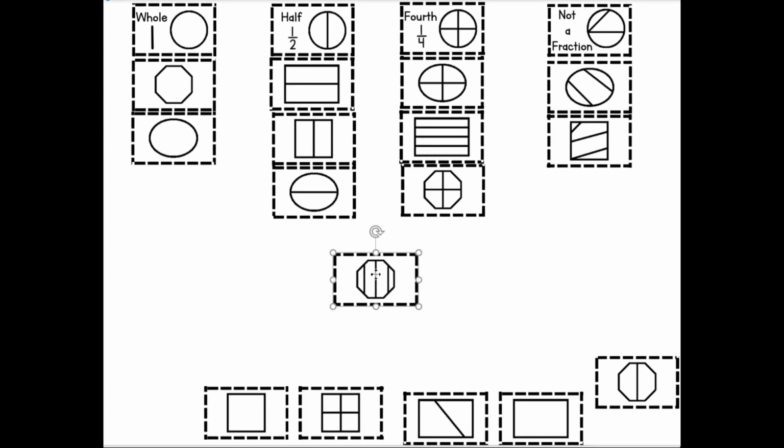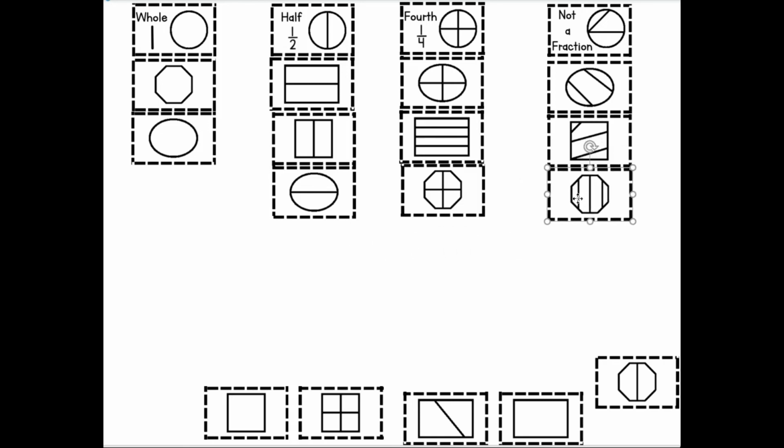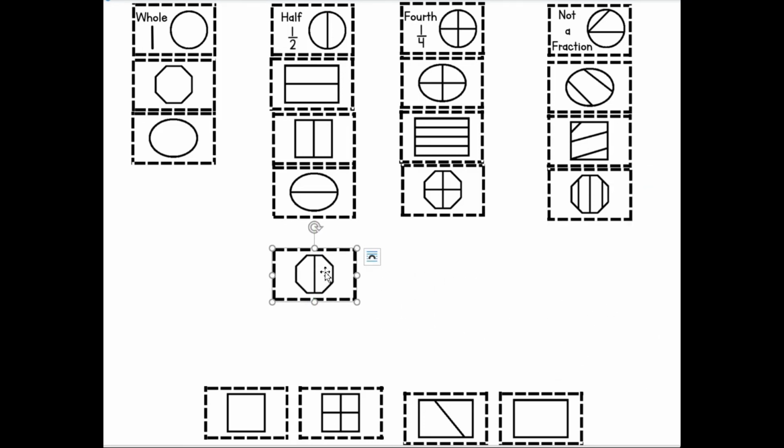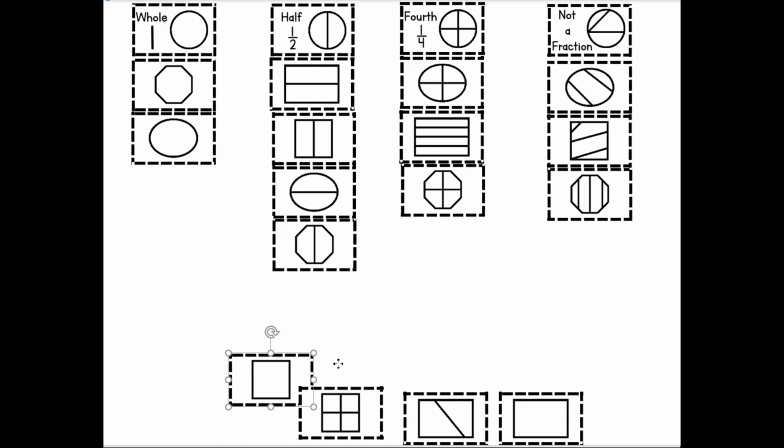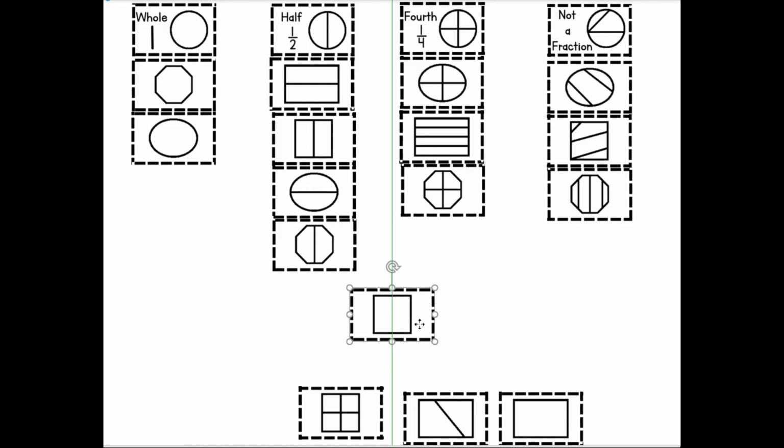All right, we have an octagon that is cut into 4 pieces. This kind of looks like the pie from our book. Even though this is cut into 4 pieces, the pieces are not equal, so I'm going to put that under not a fraction. Then we have an octagon cut into 2 equal pieces, so it's showing you halves. I have a whole square here.